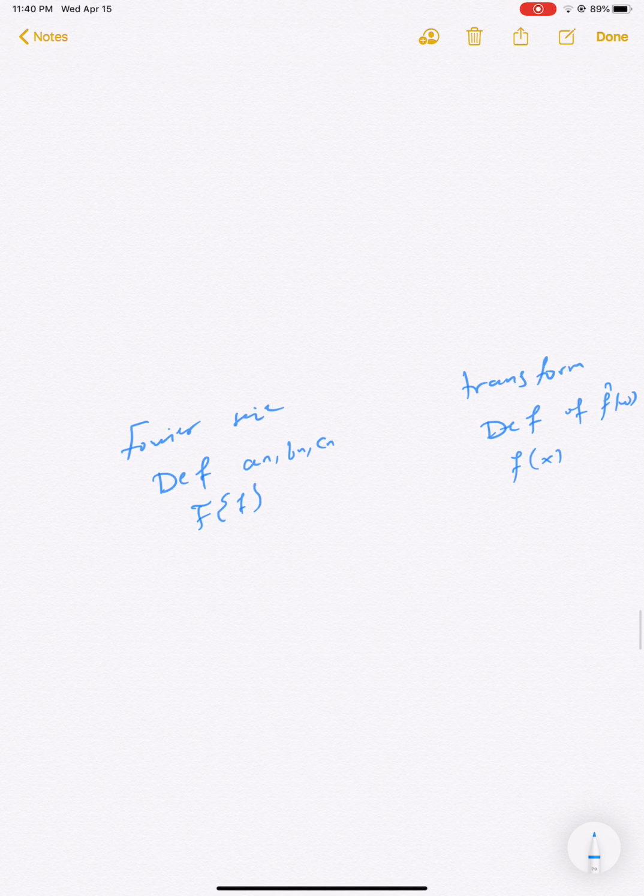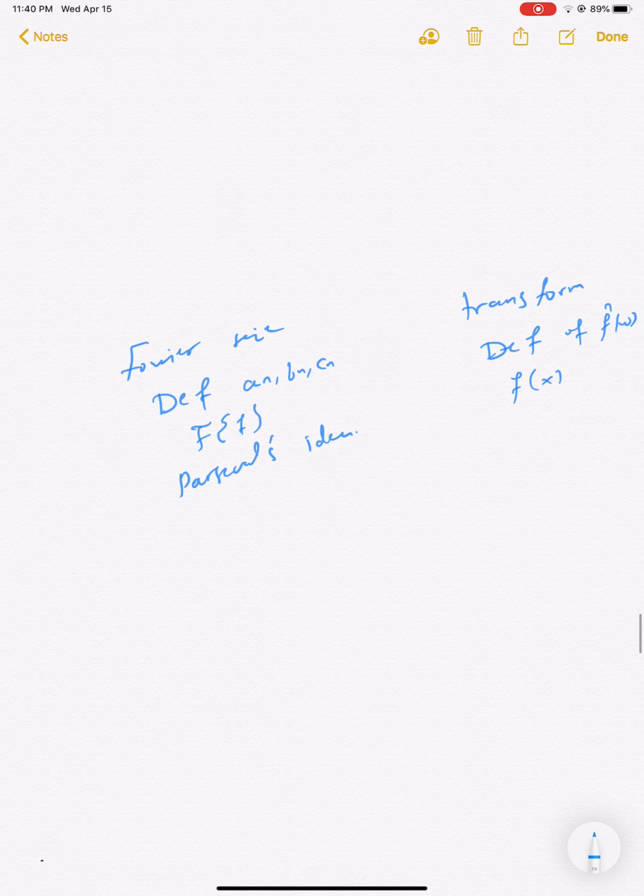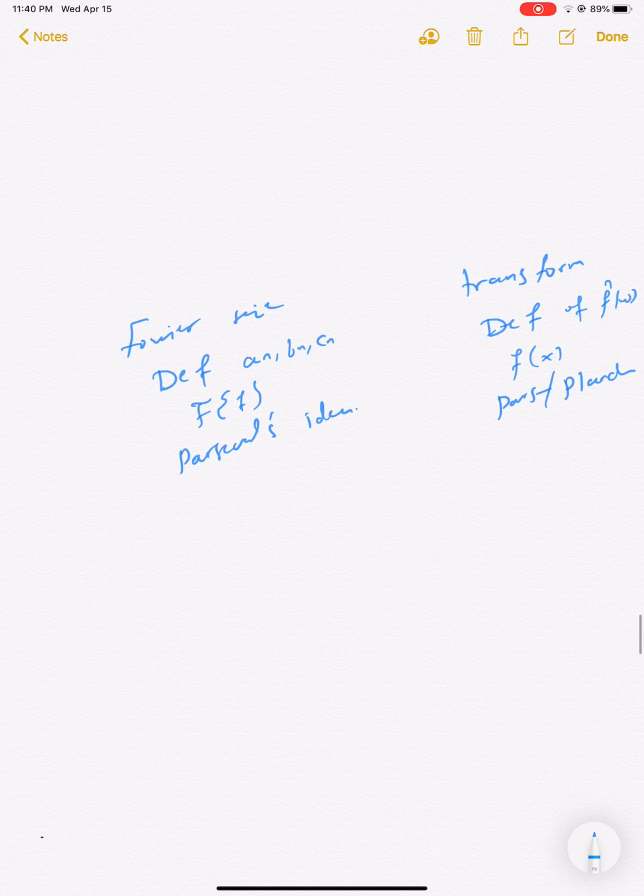After that, in Fourier series, we dealt with what's called Parseval's identity. And in the Fourier transform, if you remember, we did the Parseval identity, but usually it's called the Plancherel theorem or Plancherel identity. Then in Fourier series, we studied what happens if the function was odd or even.